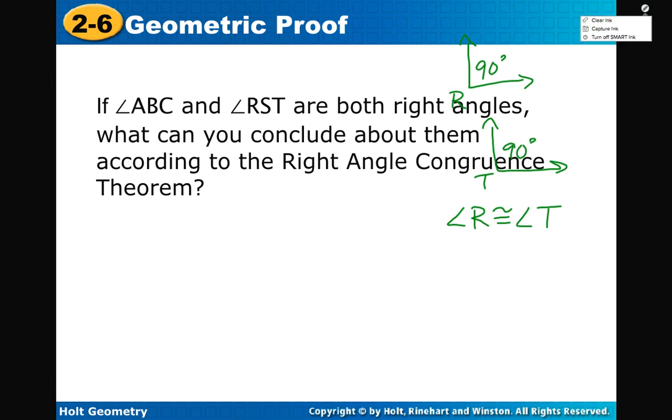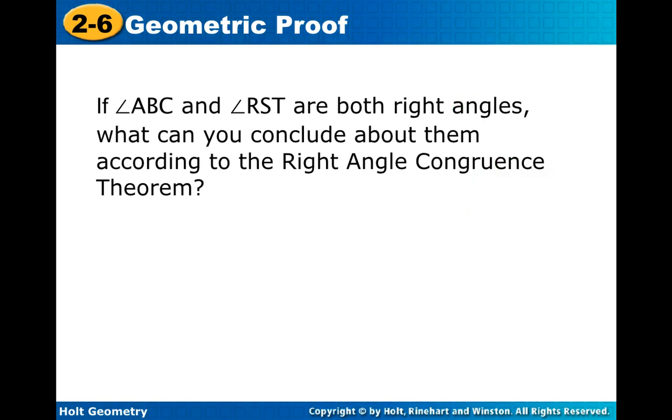Okay, so your sample here, again, pause so that you can read through and come up with your solution. Okay, so according to the right angle congruence theorem, you should get angle ABC congruent to angle RST.